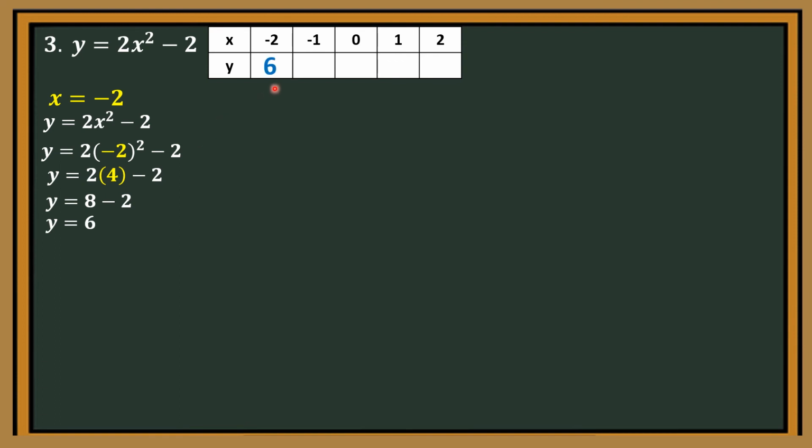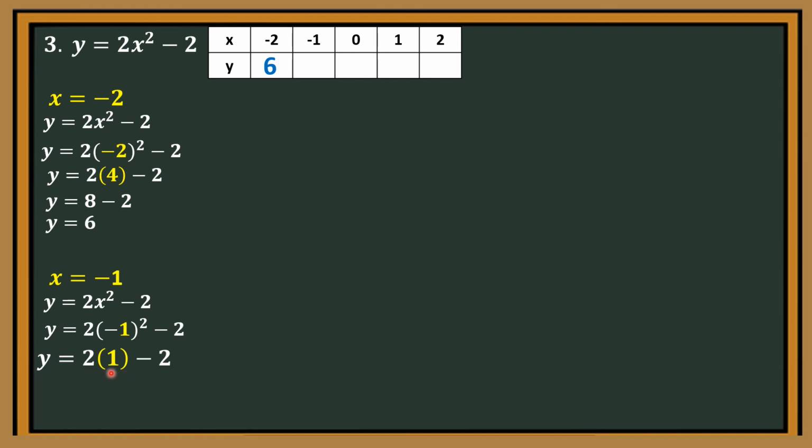What if your x is equal to negative 1? Original equation again, and then substitution. Ang x natin ay negative 1 na siya, kaya negative 1 tayo dito. The rest, kopyahin lang. Then, simplify. So, we will have now y is equal to 2 times 1 minus 2.